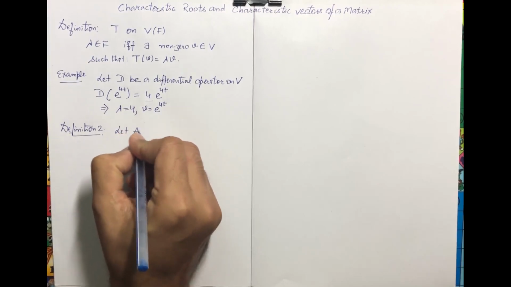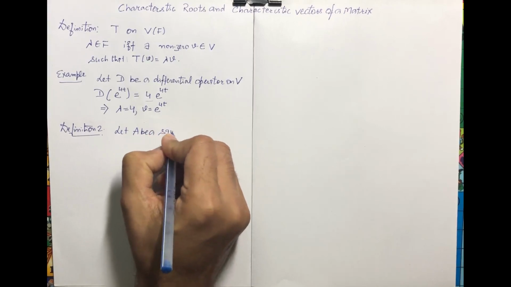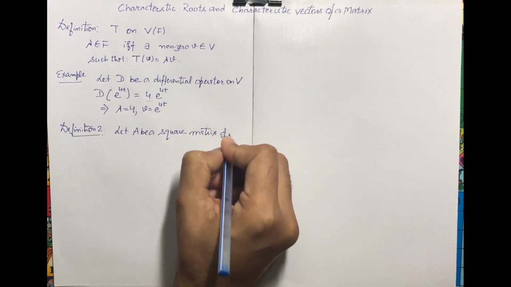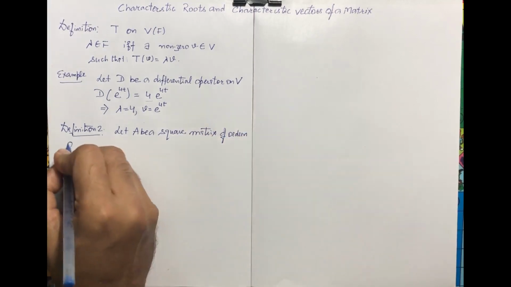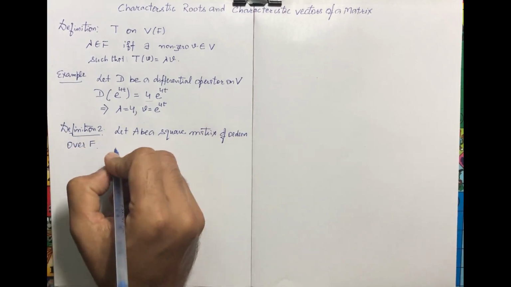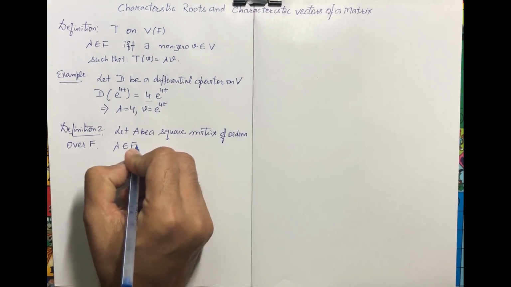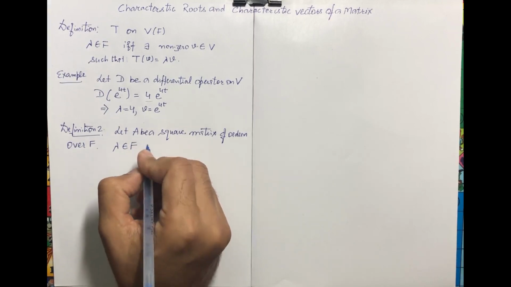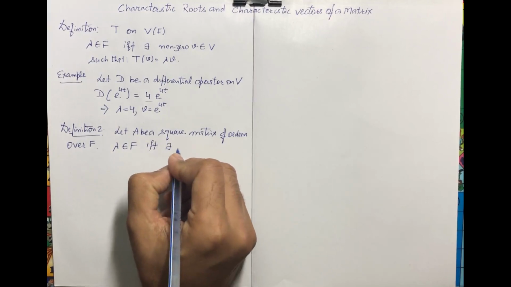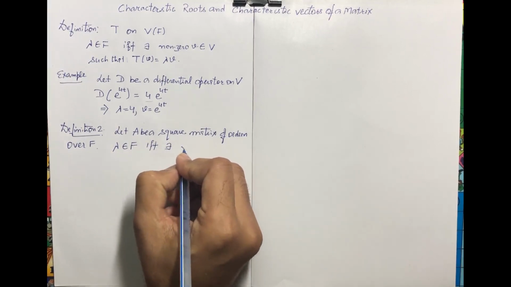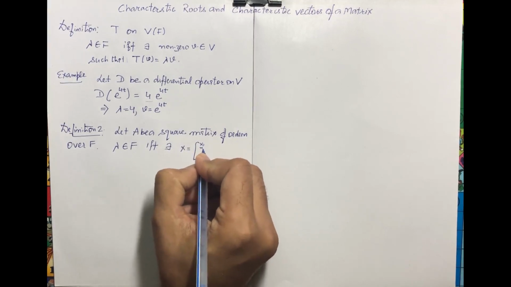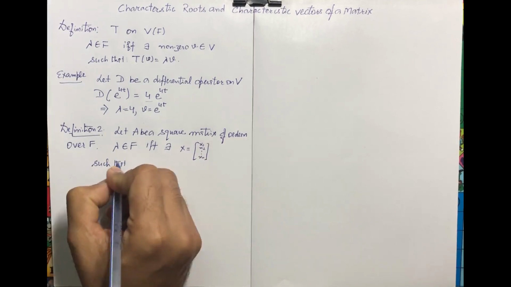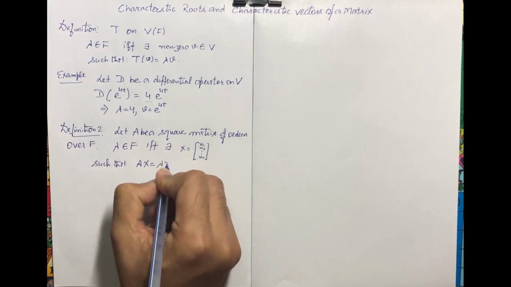Let A be a square matrix of order n over F. Then a scalar lambda belonging to F is called a characteristic root of A if and only if there exists a non-zero vector x = (x1, x2, ..., xn) such that Ax = lambda x.